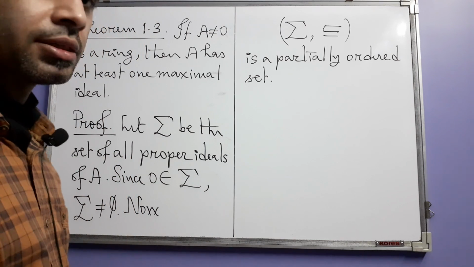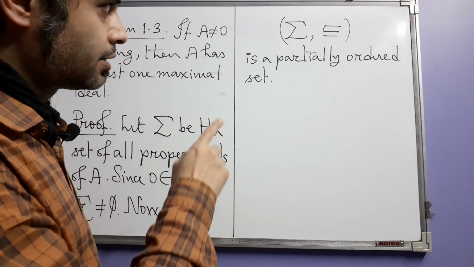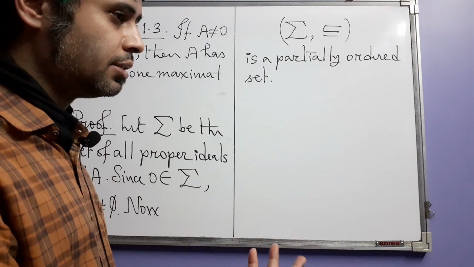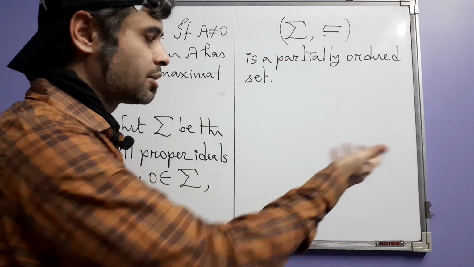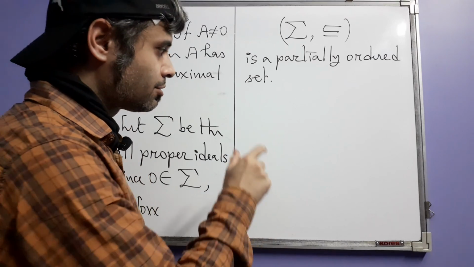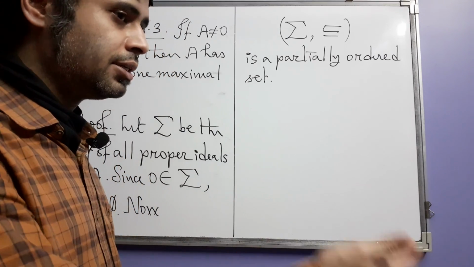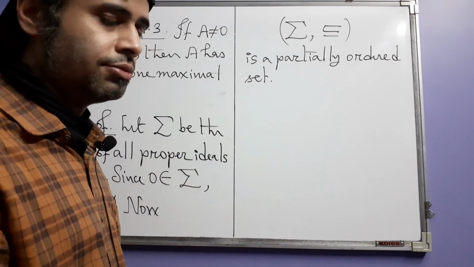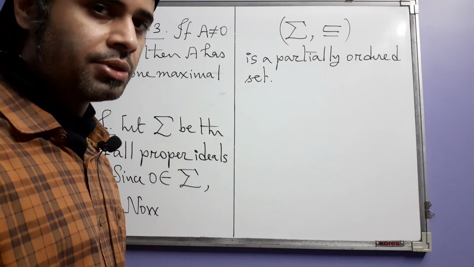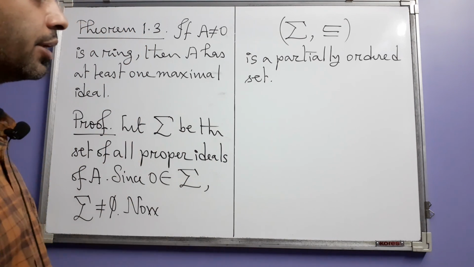It is a partial order on any collection of sets. It satisfies reflexivity. You can check it mentally. Every set is a subset of itself. It also satisfies antisymmetry. If A is a subset of B and B is a subset of A, then A and B are equal. And of course, transitivity. If A is a subset of B and B is a subset of C, then A is a subset of C. So it's a partial order.